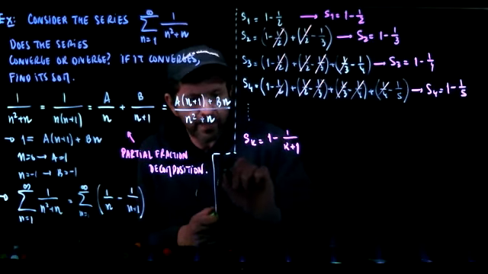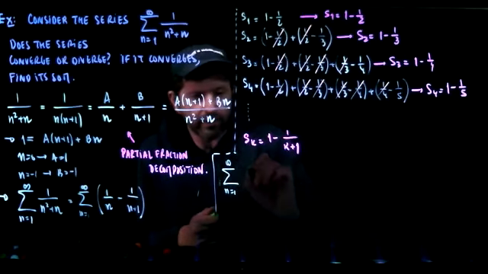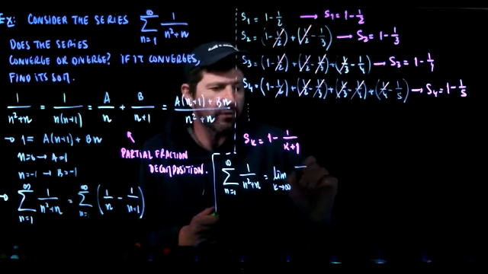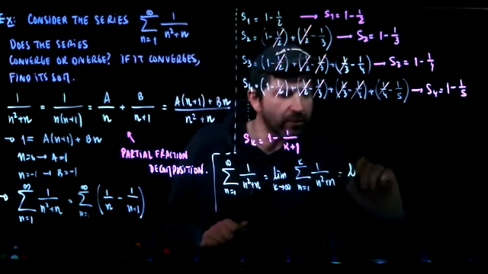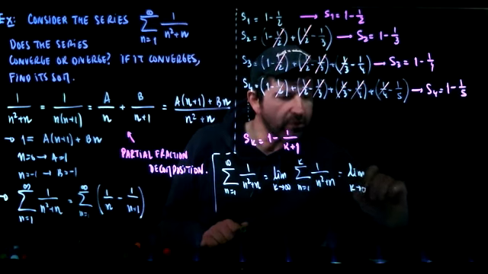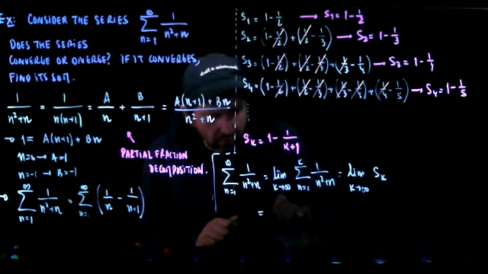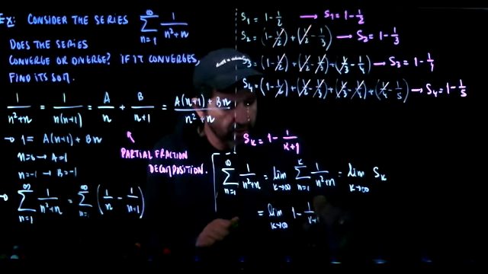Which means that the sum that I'm looking for, n goes from 1 to infinity of 1 over n squared plus n, is equal to the limit as k approaches infinity of the sum n equals 1 to k, which is the same thing as the limit as k approaches infinity of Sk, which is 1 minus 1 over k plus 1.